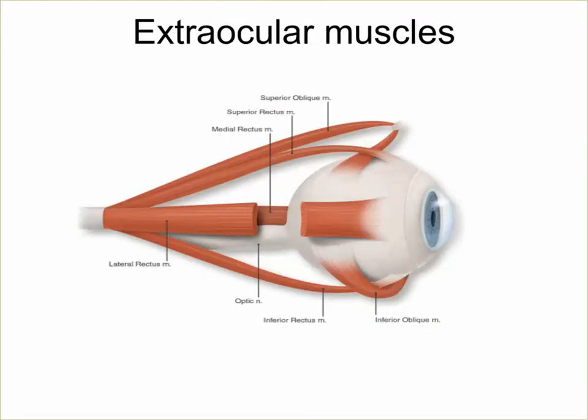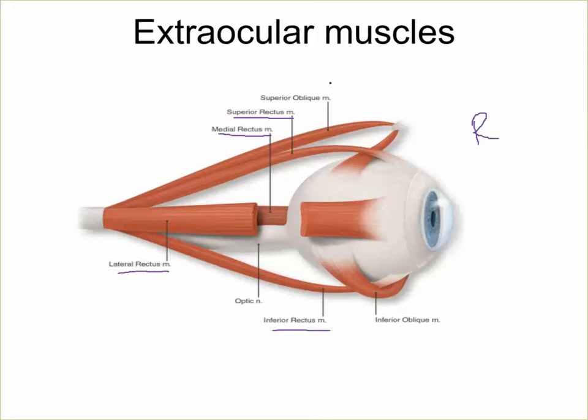Now coming to the extraocular muscles, there are four rectus muscles. They are called the superior rectus, the inferior rectus, the medial rectus, and the lateral rectus. This eye belongs to the right side, and this is the lateral view you're seeing.